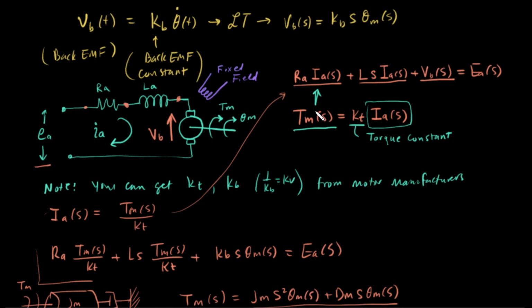A key equation here was our circuit equation, in which we have these current terms, and in a motor the torque is proportional to the current, and that allowed us to put our torque equation into the electrical system.